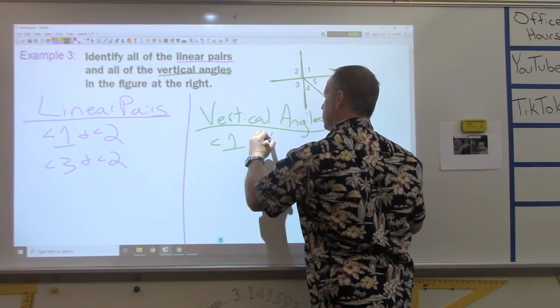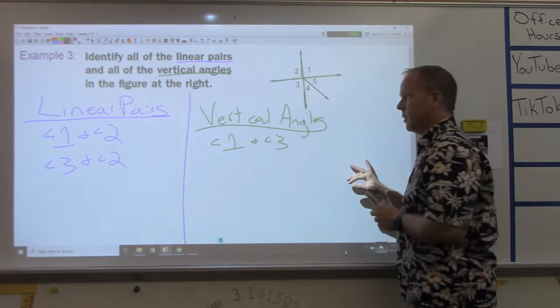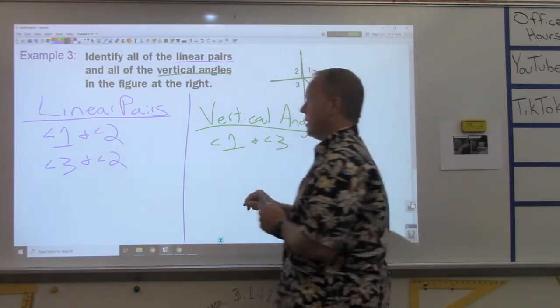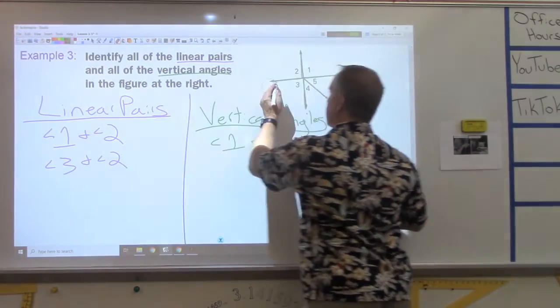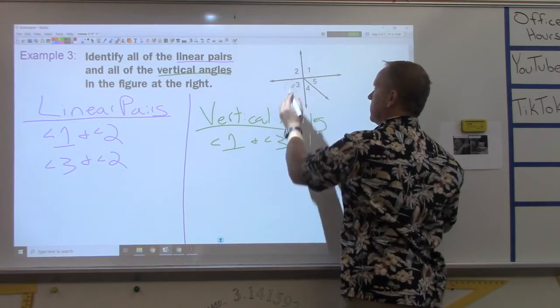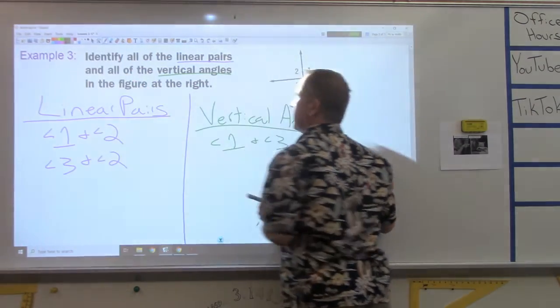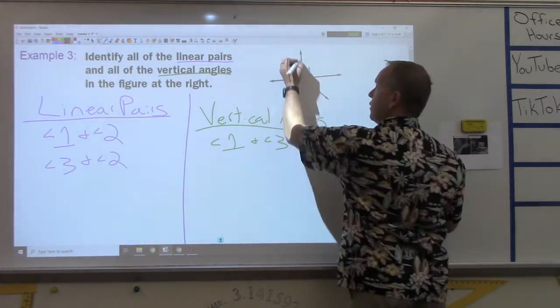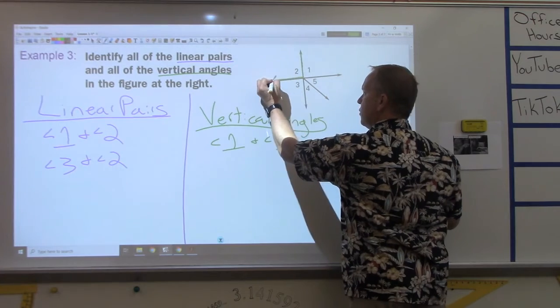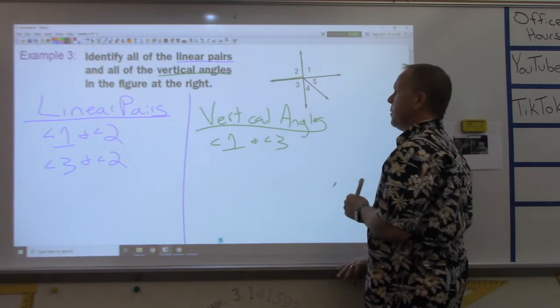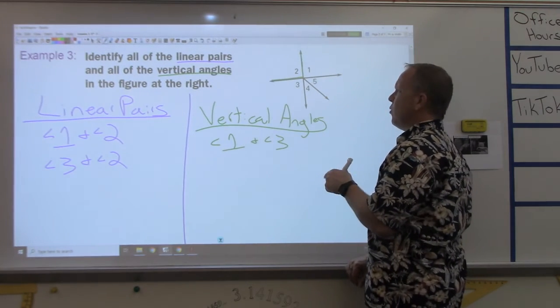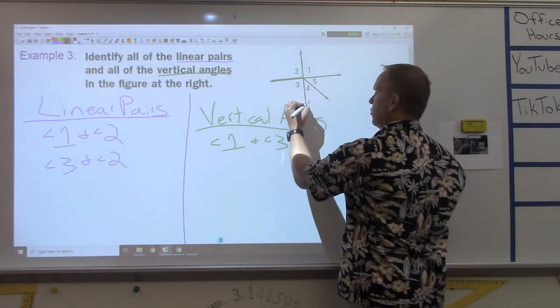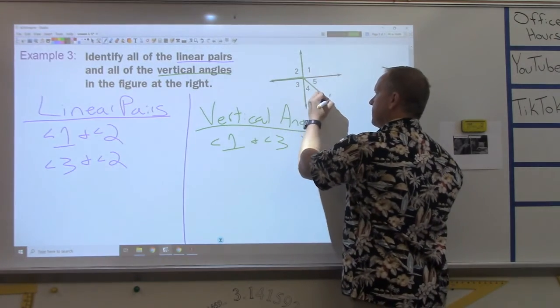Okay? Now I'm going to erase that, and I'm going to start over. Now I'm going to move on to angle 2. Angle 2, what's across from angle 2? Now some people think, well, angle 4 looks like it's across from angle 2. So trace angle 4. Go ahead.